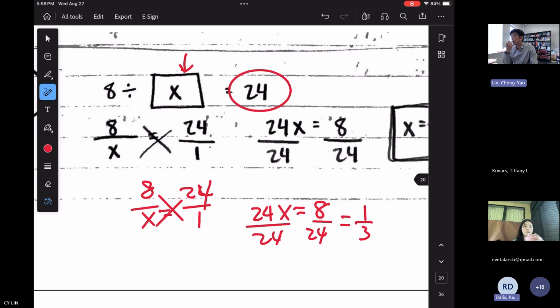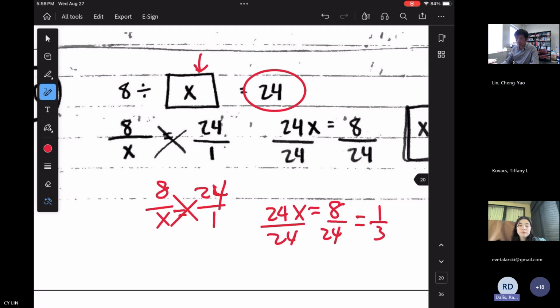How many people can I share with? 24. So you can show 24 to students. Does that make sense?